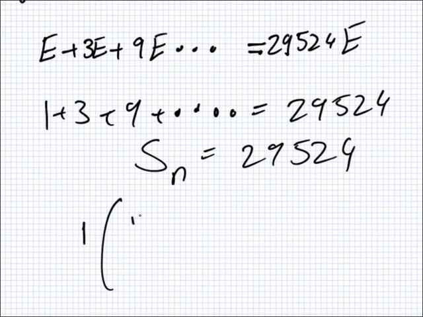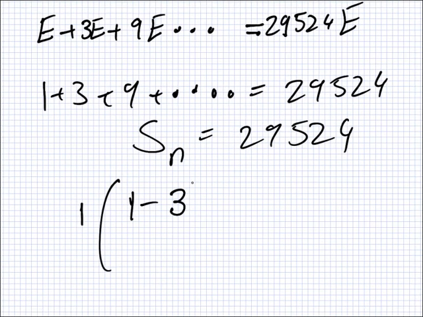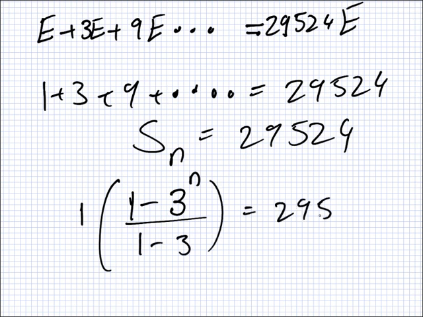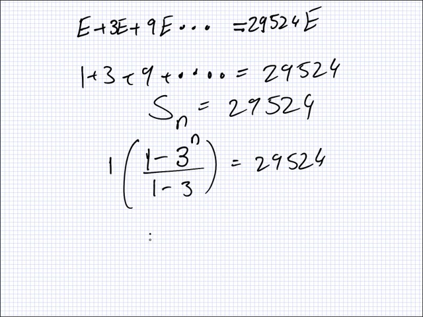It's a times 1 minus r to the power n over 1 minus r, so 1 minus 3 to the n over 1 minus 3, which is minus 2. Now I can clean this up a little bit: 1 minus 3^n equals 29524 times minus 2. And then I can bring that to the other side.